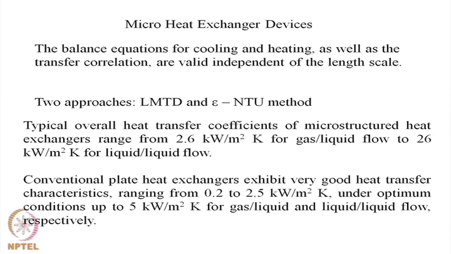So, if you see the advantage of a micro heat exchanger, it is about 5 times more efficient. It can extract 5 times more heat from a region compared to a plate type heat exchanger.